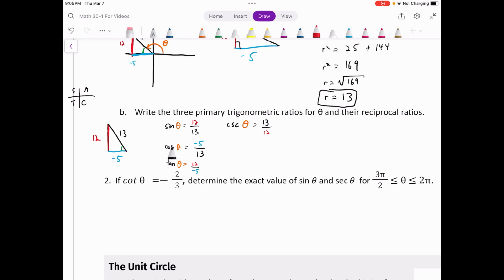Do you remember the name of the reciprocal ratio for cosine? It is secant, SEC. So secant of our angle theta is going to be, well, cosine was -5 over 13, so secant is going to be -13 over 5, or if you like, 13 over -5. Means the same thing. Maybe I'll write it that way.